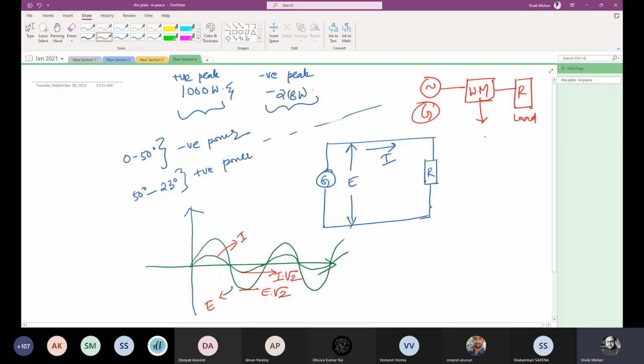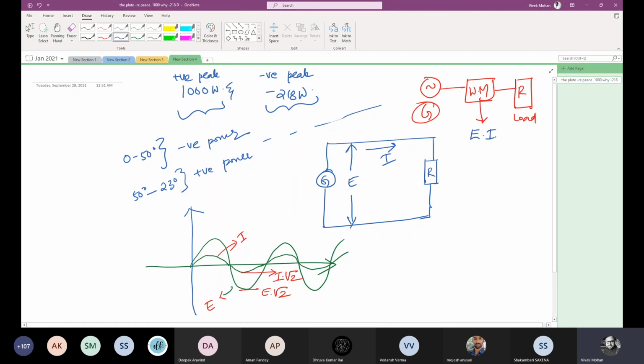What should be the power here? Is it E squared by R, or V squared by R? What you have here is ERMS into IRMS.